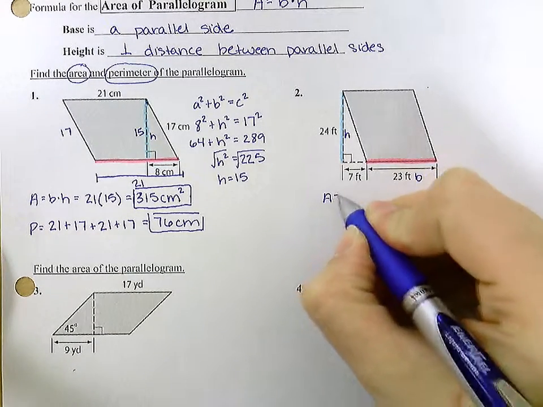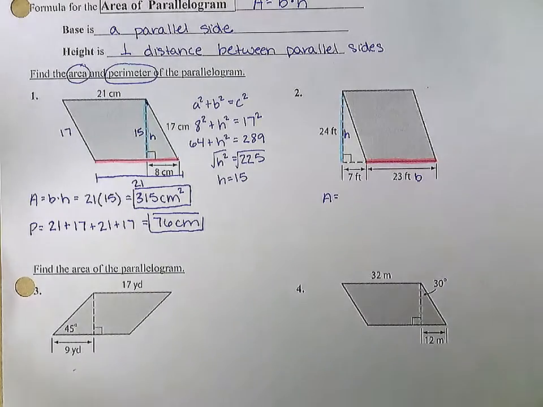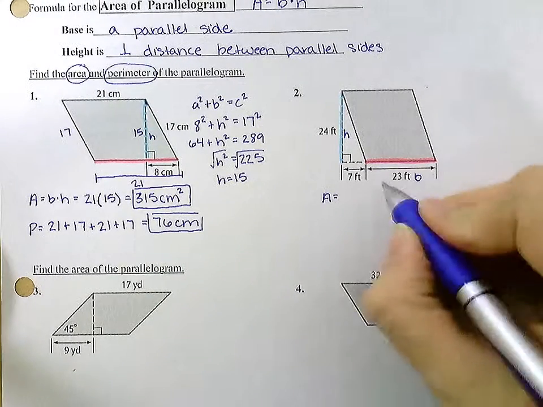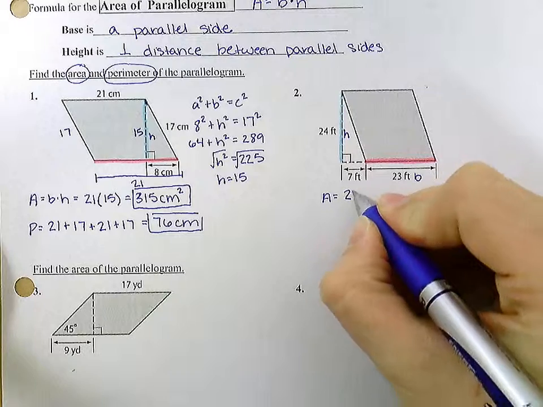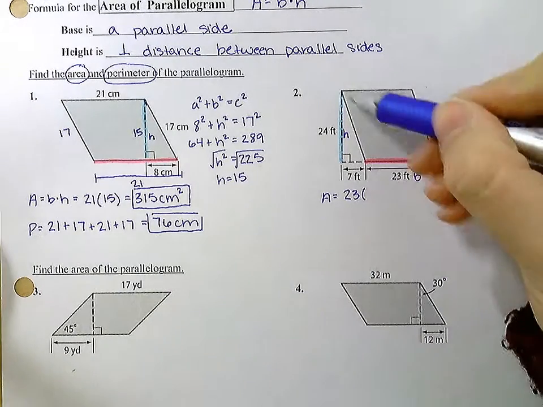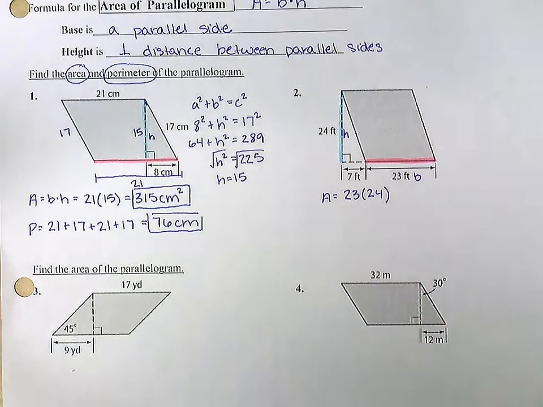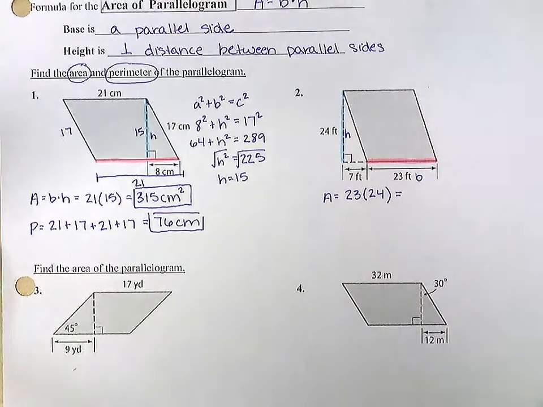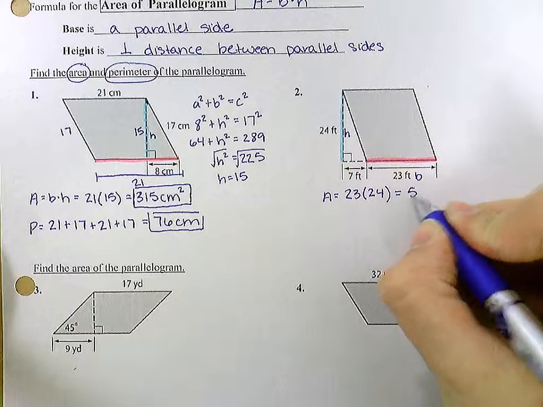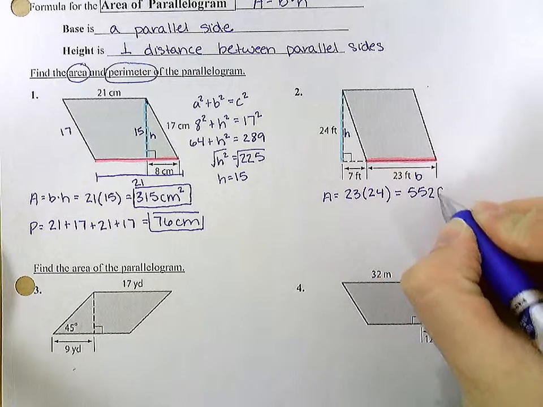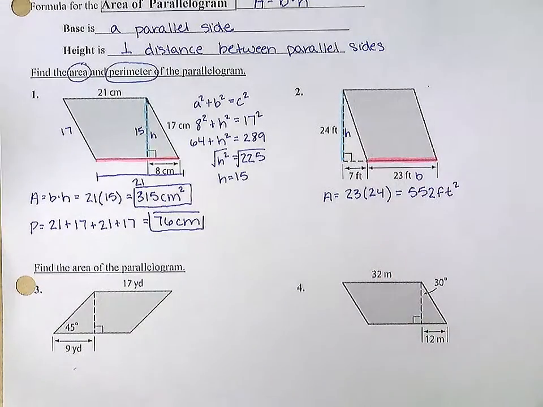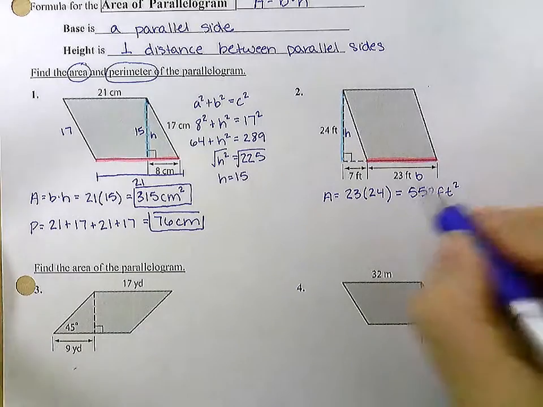We'll take our base length of 23 times our height of 24. And that's 552 feet squared.